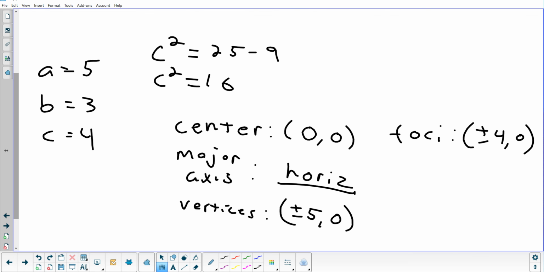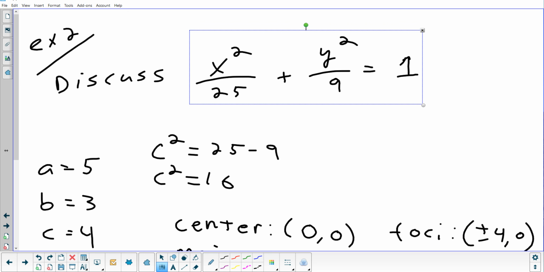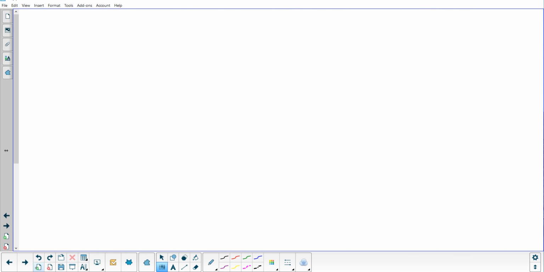Any questions on how we got any of them? Yeah. Actually, the center. As long as you don't have any addition or subtraction in the numerator, it's always 0, 0. Here's one that's not 0, 0.